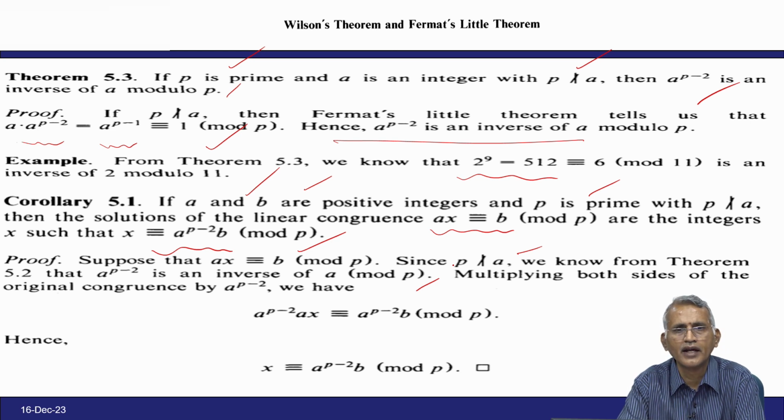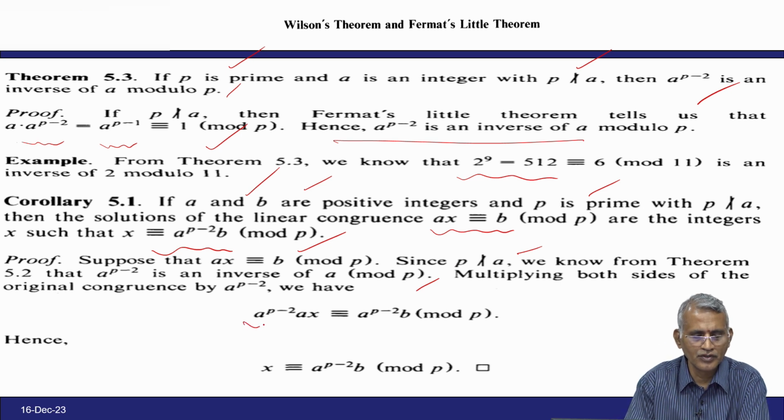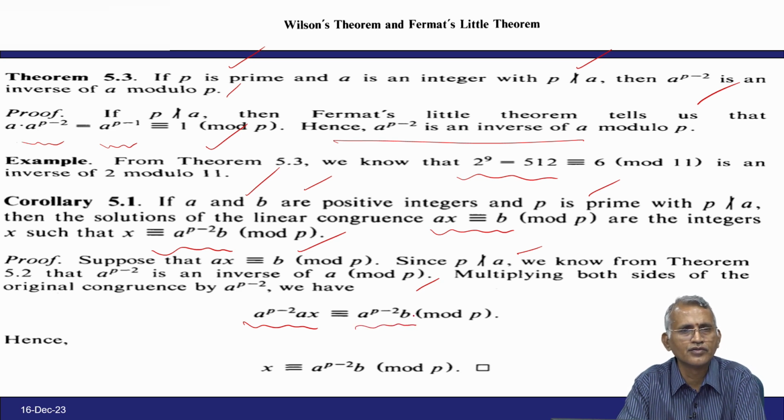Multiplying both sides of this original congruence by a power p minus 2, we have a power p minus 2 into ax identically equal to a power p minus 2 into b under modulo p. Therefore, x is equal to a power p minus 2 into b under modulo p.